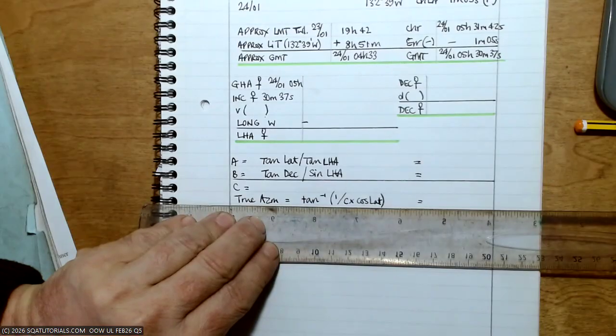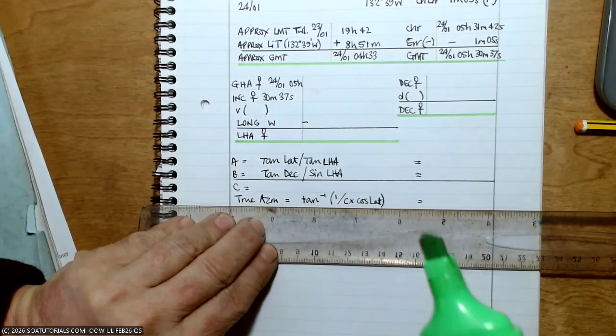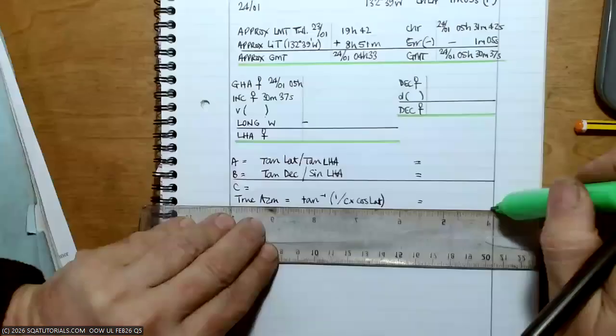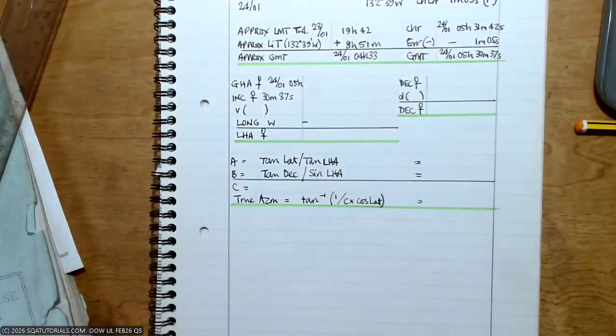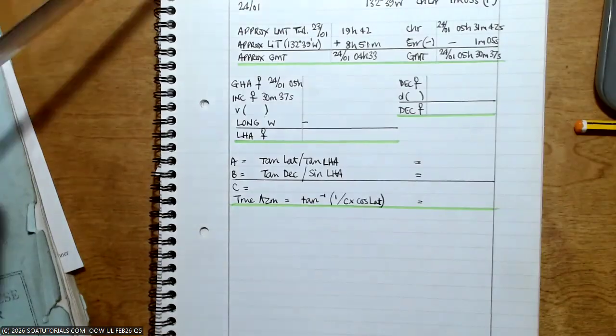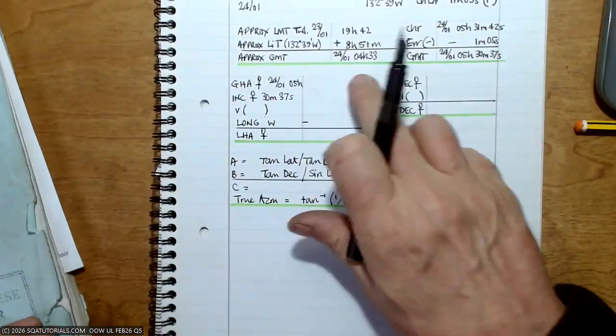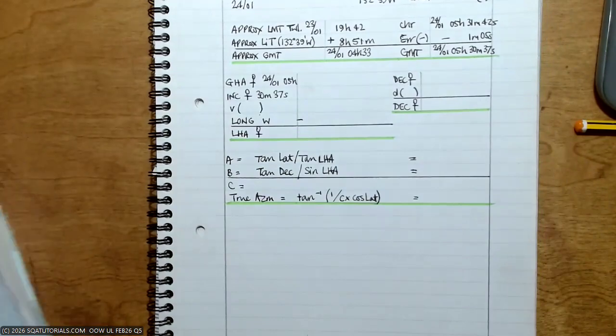That is how far I'm going to go for now. So step 1 is to go into the almanac and take out these values.